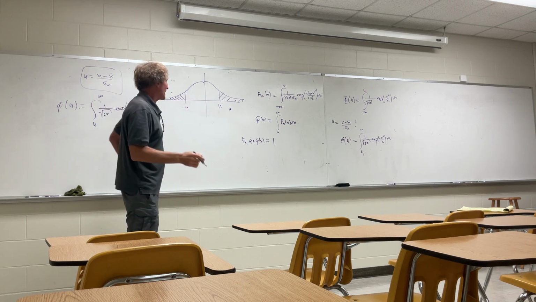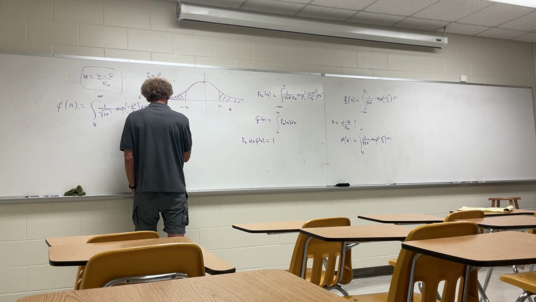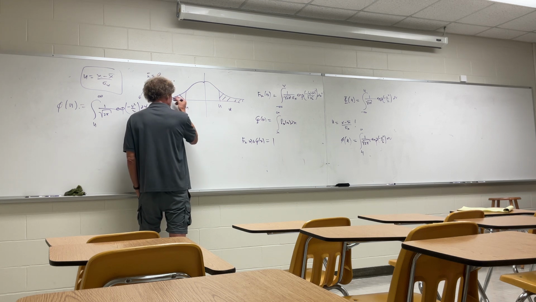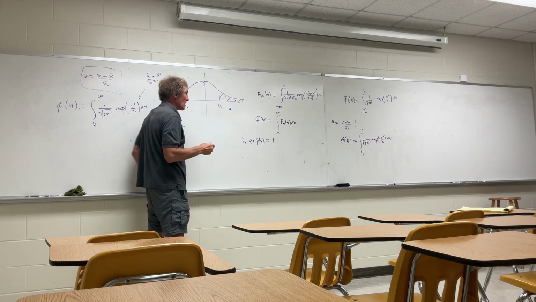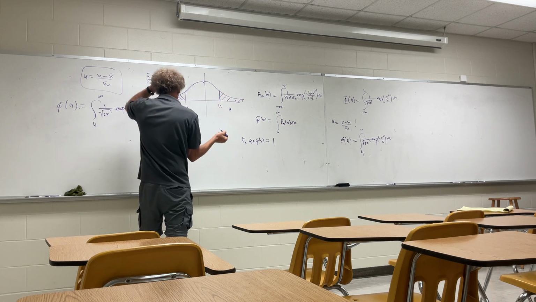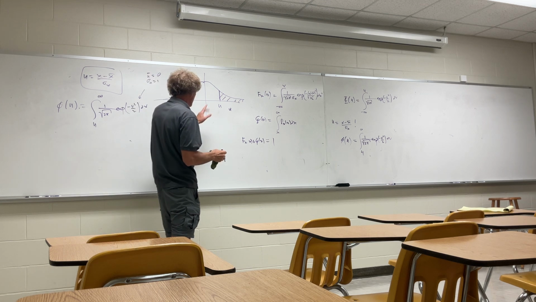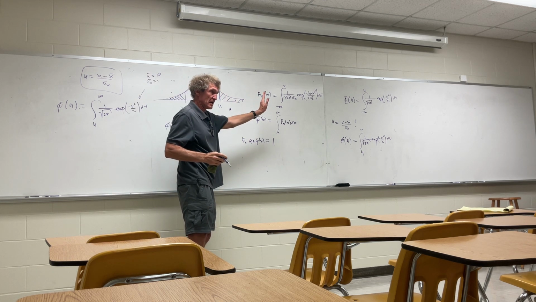Now, the reason I'm saying that is that means that for that function, I'll call it phi of U, what that really is, that's the area under here, right? Actually, I should say it this way. Phi of U is the area up here, right?